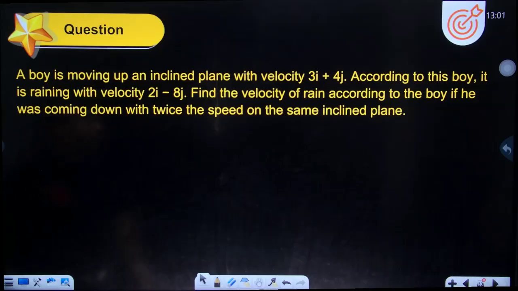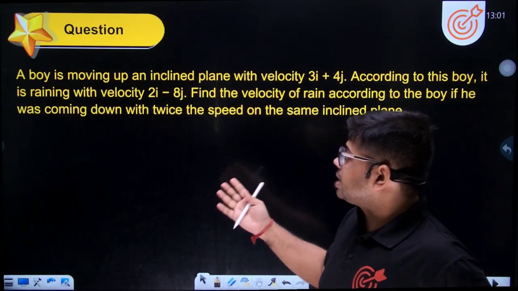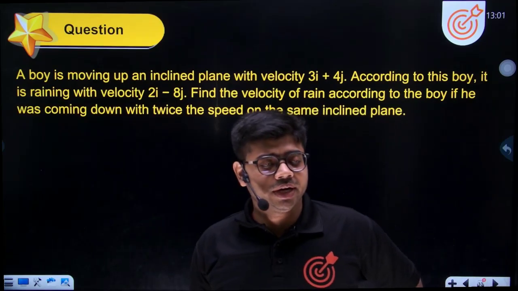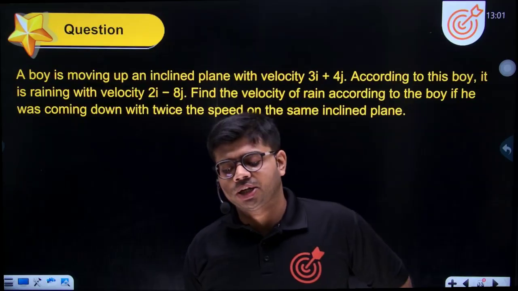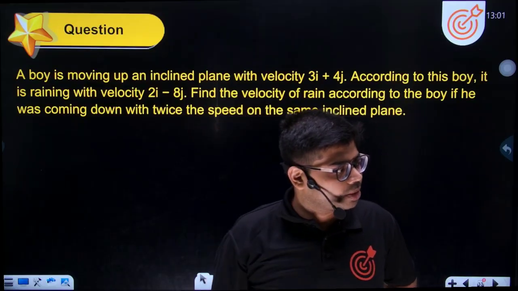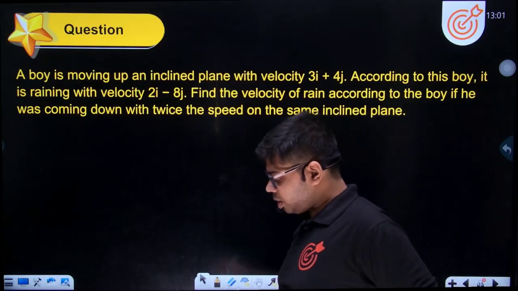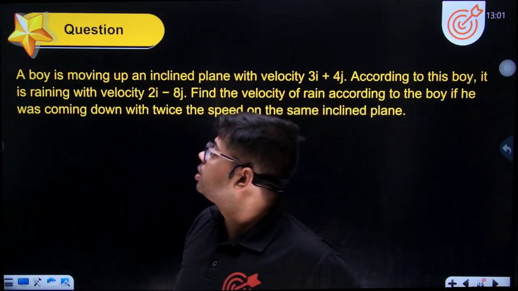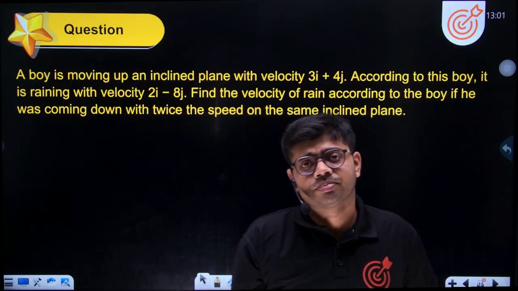Okay, now let us read this sum. I want all of you to read this sum, because this problem is a very, very special problem. Why do I say this problem is very special? Because it is combining multiple concepts together.